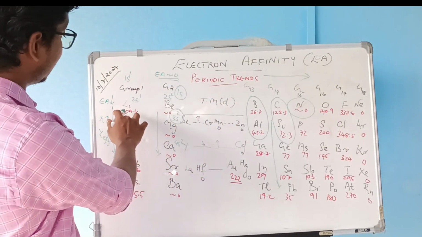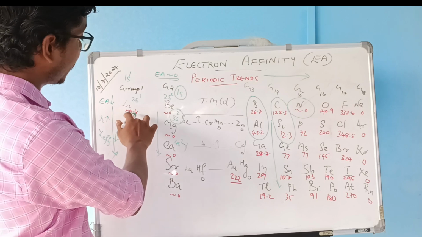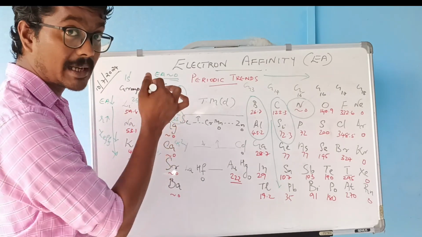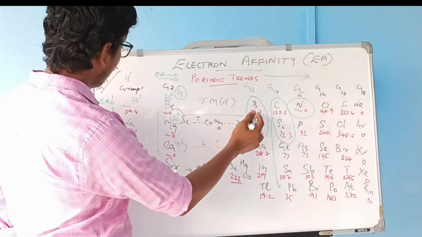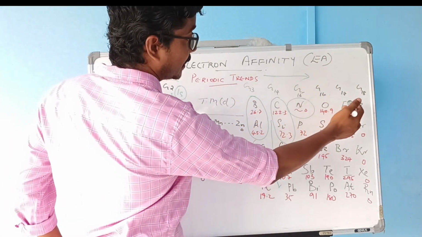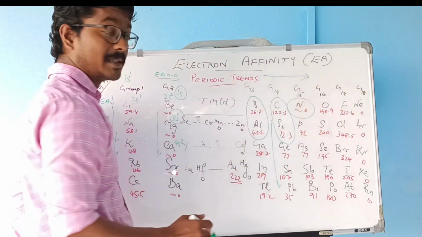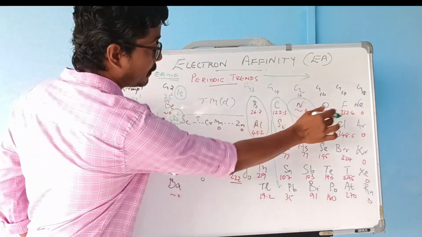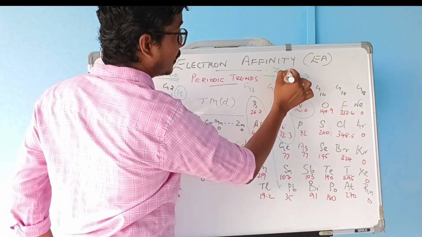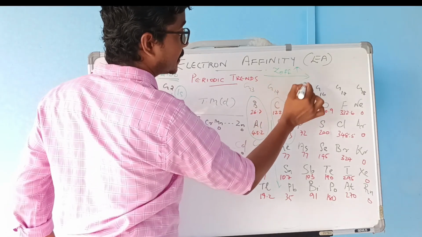Across a period, we can see that lithium is 59.8, beryllium is an exceptional case because of the completely filled electronic configuration. And boron, carbon are increasing, oxygen is increased, fluorine is increased, neon is zero. So across a period, electron affinity increases because effective nuclear charge increases.